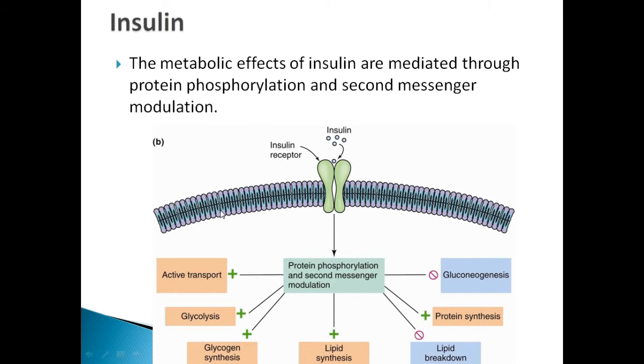So even though there might already be quite a lot of glucose inside the cell, it'll tell the cell to spend ATP to bring more glucose into the cell. It'll also increase glycolysis, and at the same time also increase glycogen synthesis. This seems like it's at odds with each other, but it's actually not.